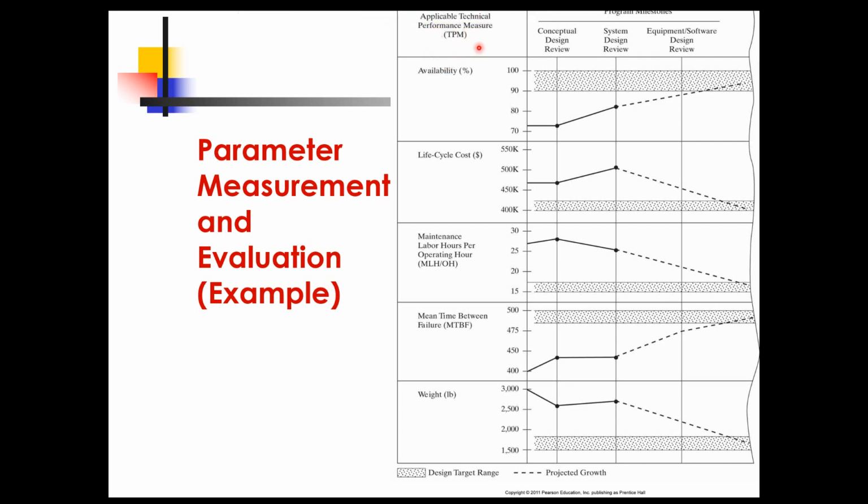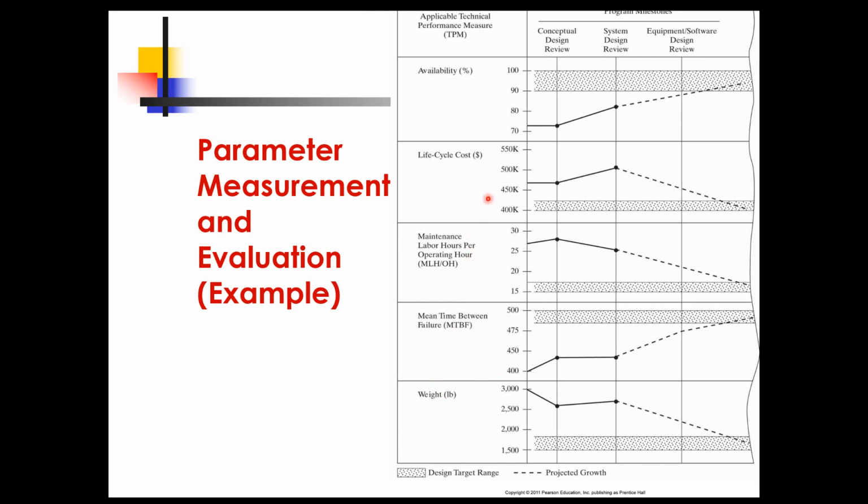You had to utilize that in the house of quality. So you can have your technical performance measures, and this is just a handful of arbitrary examples: life cycle cost, availability, maintenance labor hours per operating hour, reliability related, mean time between failures, the weight.